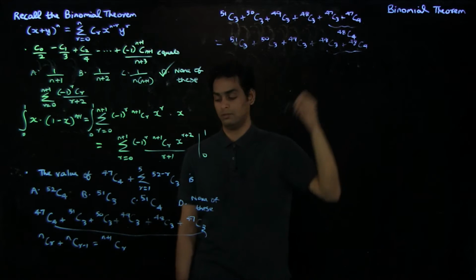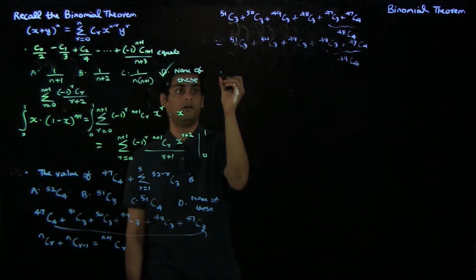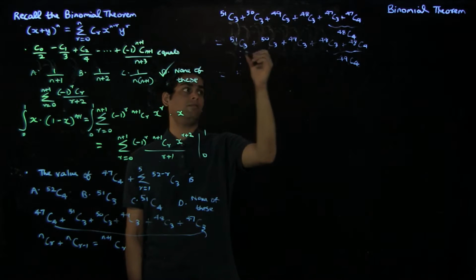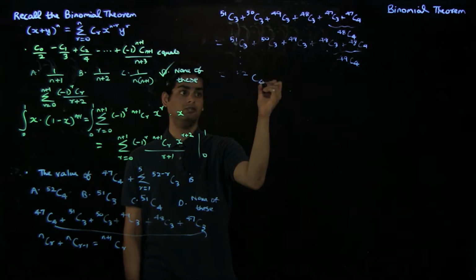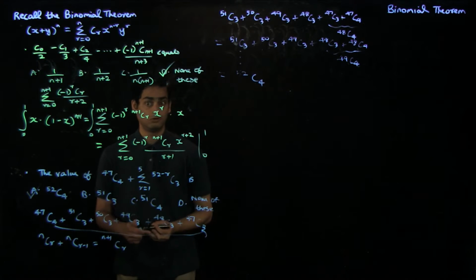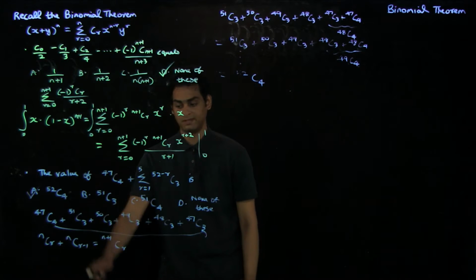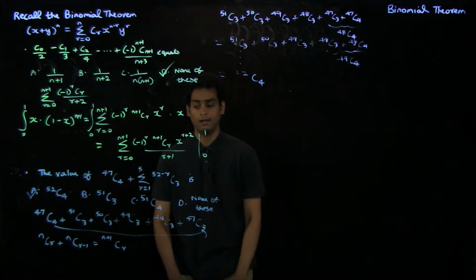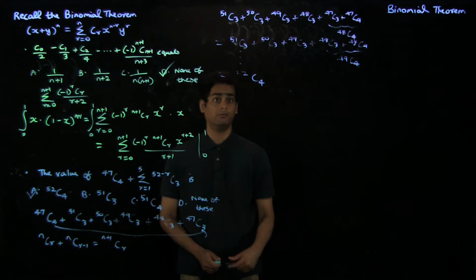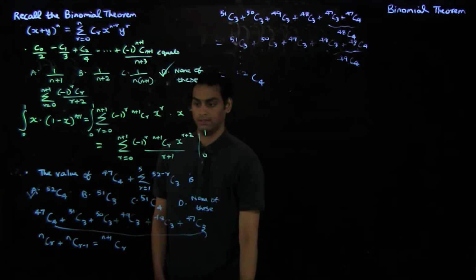You can combine these two terms using the same trick once again to get 49C4 and so on, and you would expect to get 51C3 plus 51C4, the same as 52C4, and that is option A. So here we've seen a nice application of the identity nCr plus nC(r minus 1) equals (n plus 1) Cr to collapse several binomial coefficients in a summation to a single binomial coefficient. This is a very nice example in that regard.